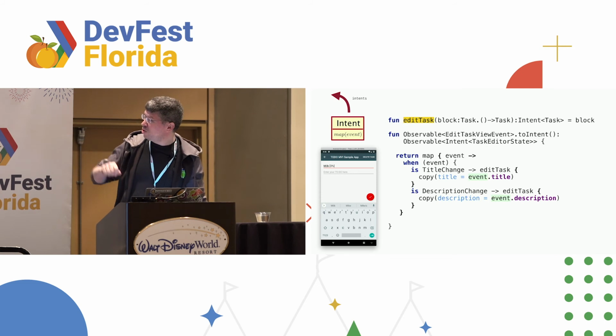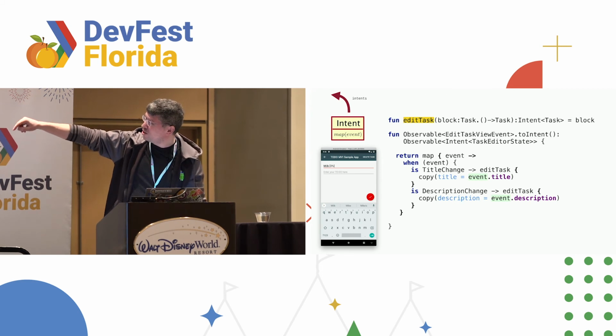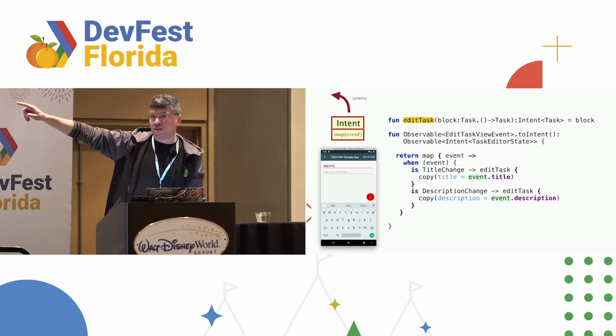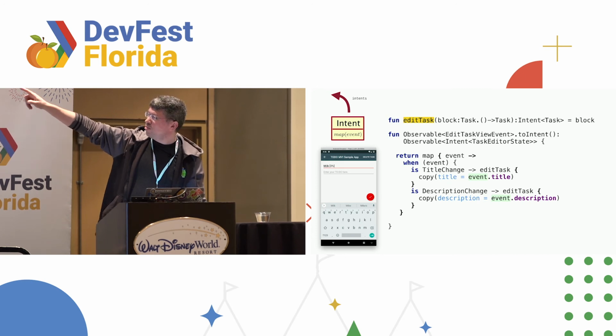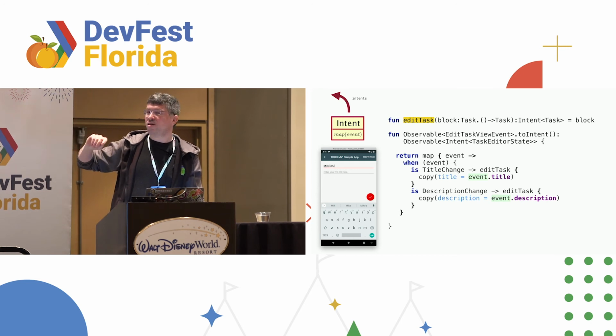Now, this is what the code looks like when you start. Well, I've cheated a little bit here. I've added an extra extension function at the top here that allows me to create these intents really easily. So this is just basically a little piece of DSL. Like, don't be scared. DSLs are not that hard.